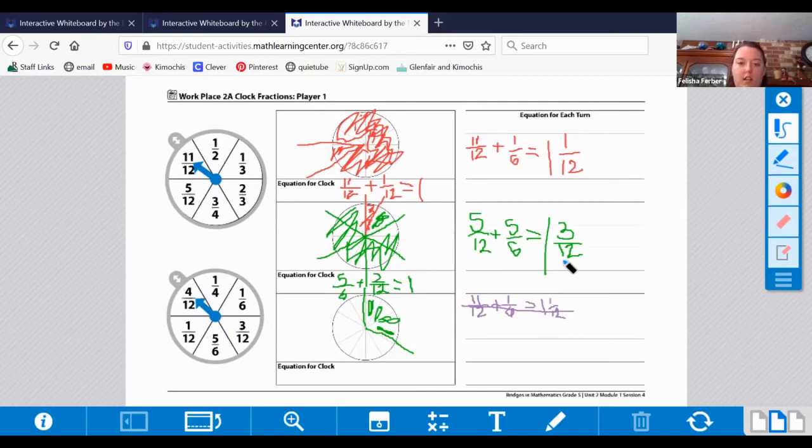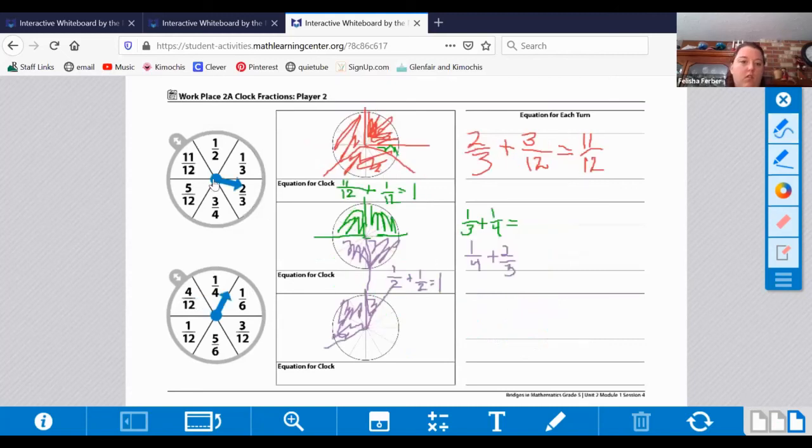Man, you were on the right track here. 11/12 plus 4/12 is 3/12. Too big. Meow.